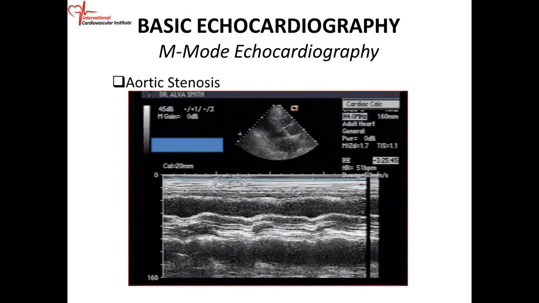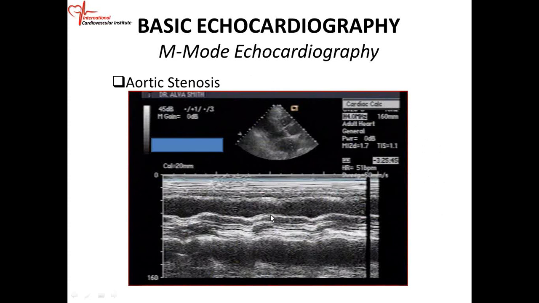All right, so this is a case of aortic stenosis. If you remember what I said about what a normal aortic valve looks like, your cursor is going across these structures. Of course, it encounters the aortic valve. So you have the chest wall, first the pericardium, then the RV wall, the RV cavity, and this is the aortic wall.